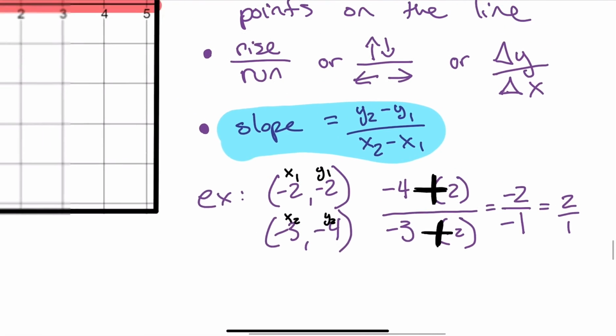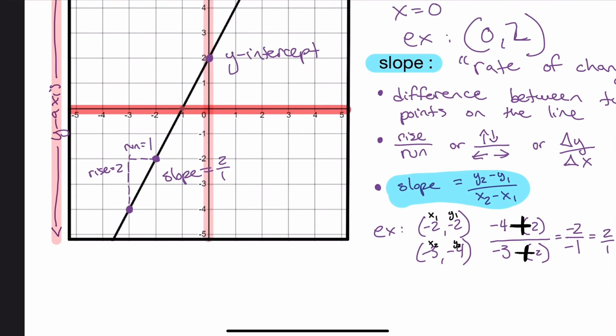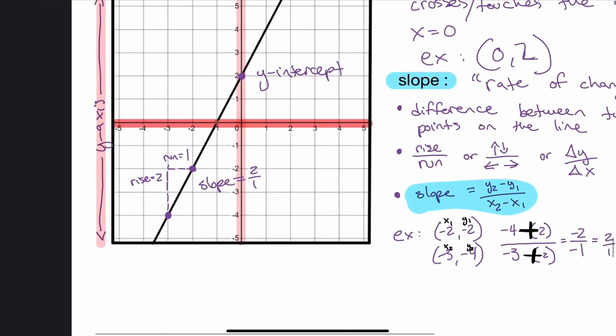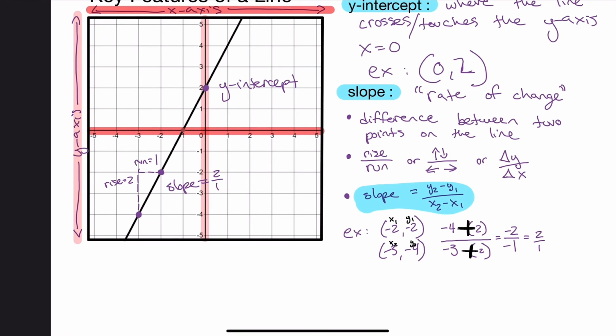The last thing we talked about in this bit was what we see visually with positive and negative slopes. I can see in our line here, this line is pointing upwards. So I have a line that looks like this.